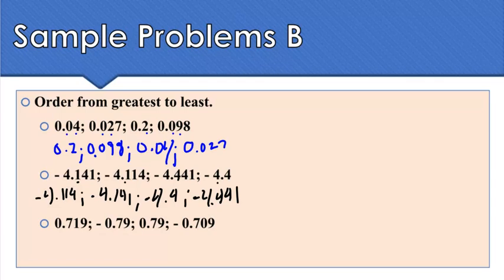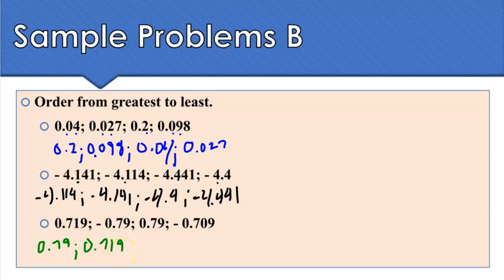Next, we've got 0.719, negative 0.79, 0.79, and negative 0.709. The biggest numbers are going to be our positives, and we have 0.719 and 0.79. Well, 0.79 is the biggest one, followed by 0.719.